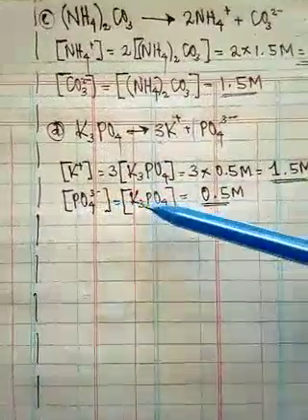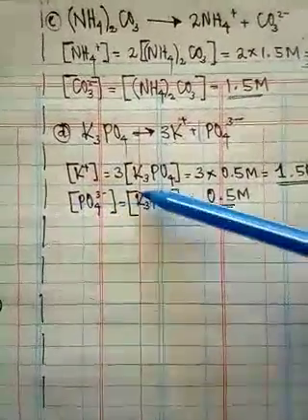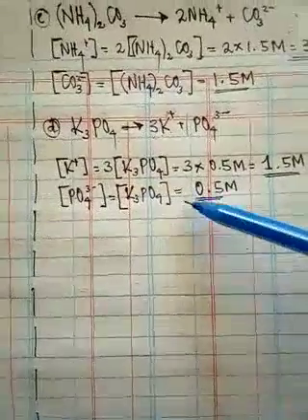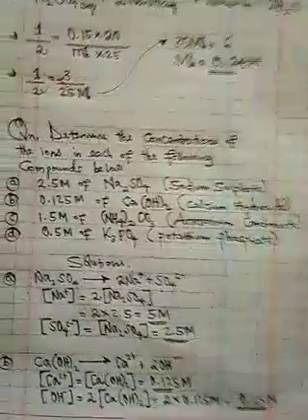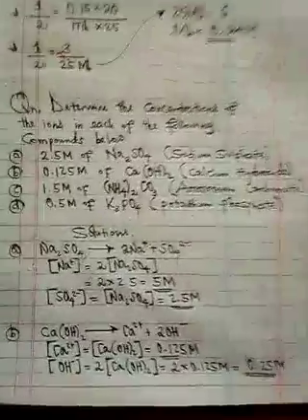This is what I've just written here. The molarity of the phosphate ion is equal to the molarity of the potassium phosphate, whose value is just going to be 0.5 molar.